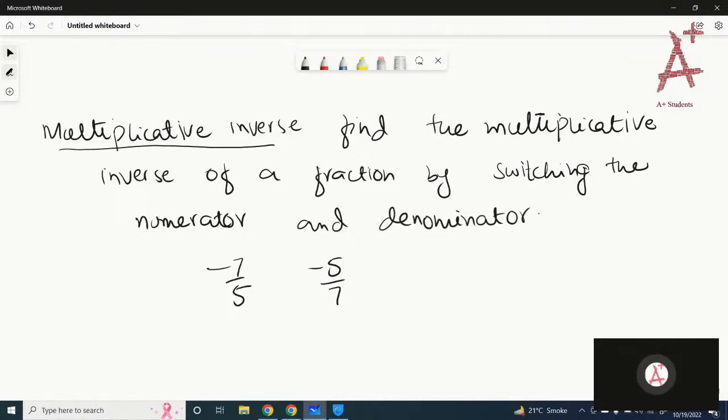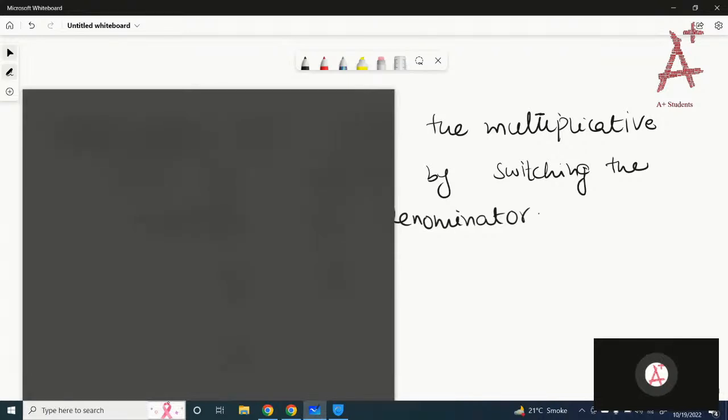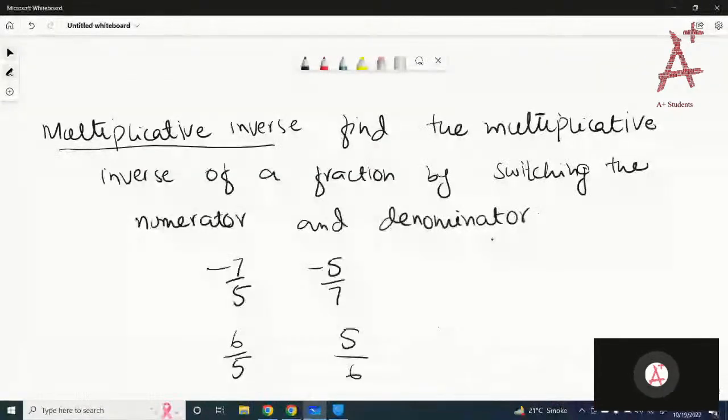You just need to flip the values. You just need to interchange the numerator and denominator. Got it? It would be negative 5 over 7. The other example is, you have to find the multiplicative inverse of 6 by 5. So the multiplicative inverse of 6 by 5 is 5 over 6. Got it?